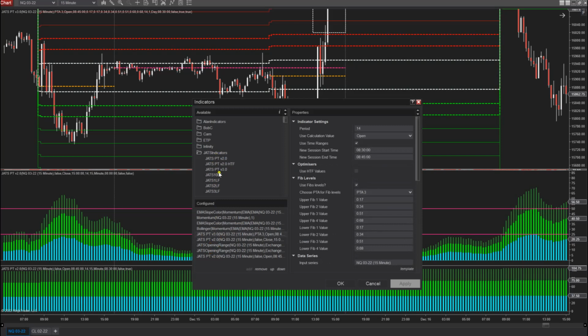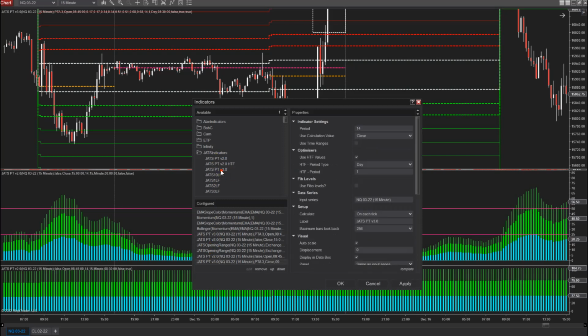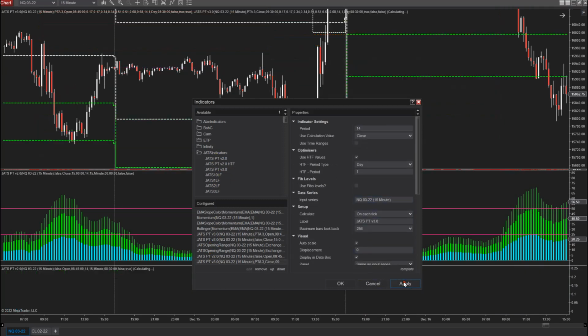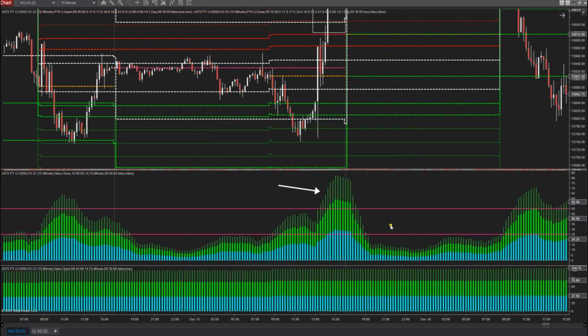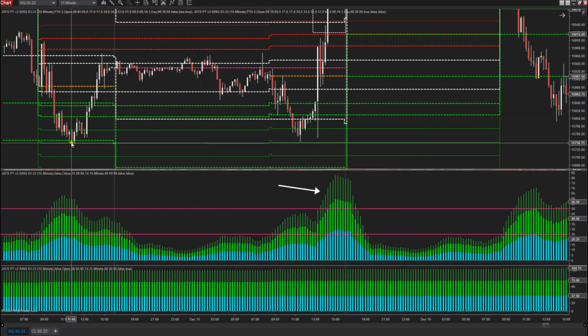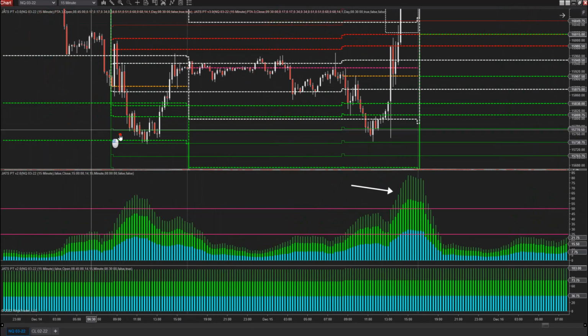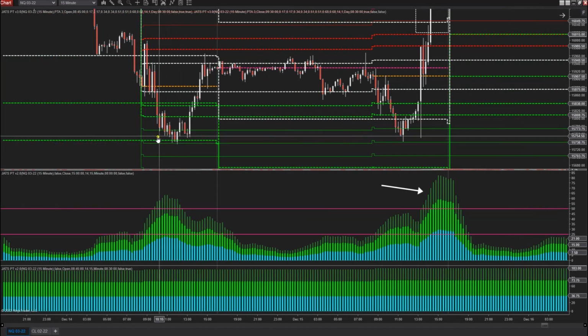No, I guess not. Add another one. So here's your daily. And then you can see how the range interacts. Here was your 15-minute tail at your daily PT3 reversal.